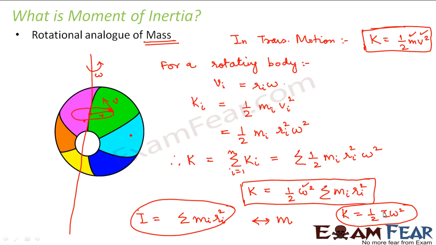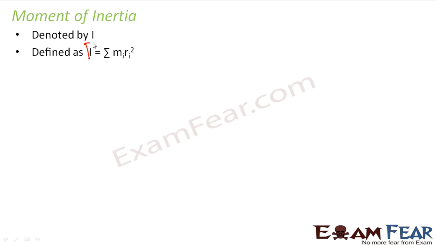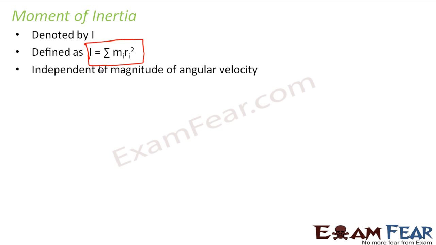Now let us look at a few points related to moment of inertia. It is always denoted by a capital I. It is defined as I is equal to the summation of mi ri square. That means moment of inertia is defined as the sum of the product of the mass and the square of the distance of each of the particles constituting the rigid body.